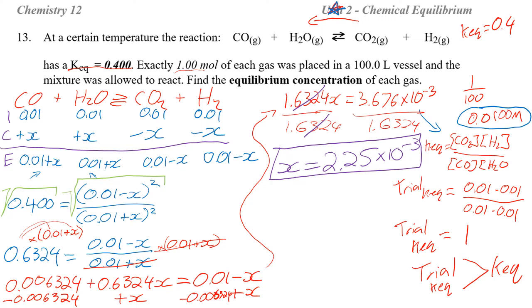So the concentration of H2 equals 0.01 minus x. So 0.01 minus 2.25 times 10 to the minus 3 equals. Since this is the exact same thing, CO2 is going to equal the exact same number.